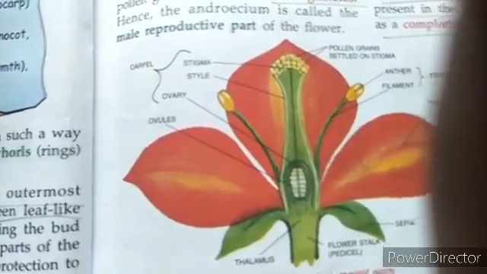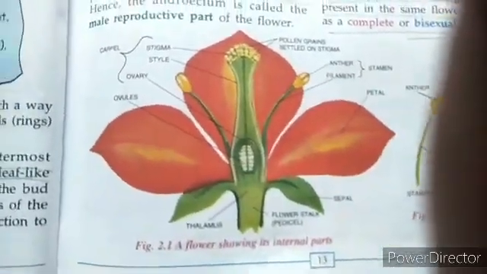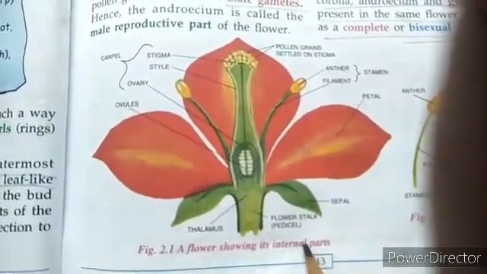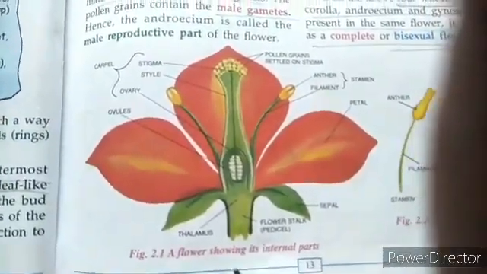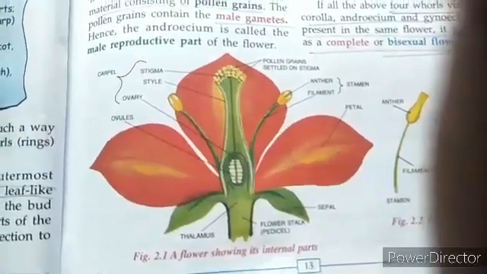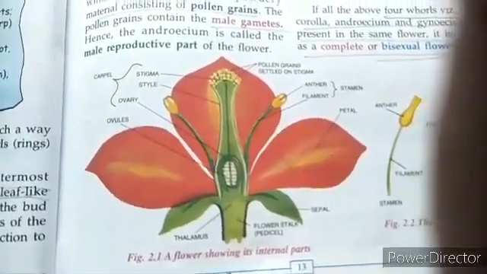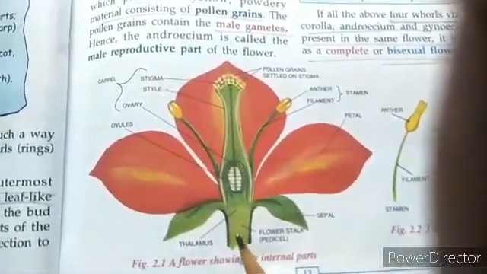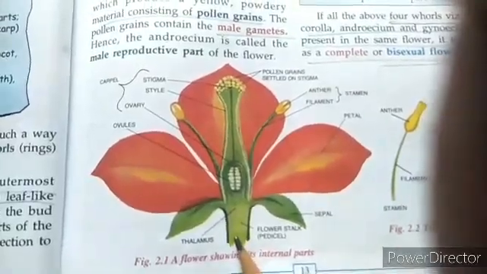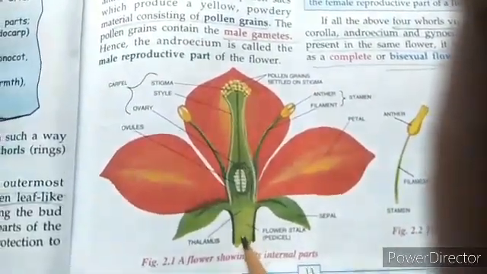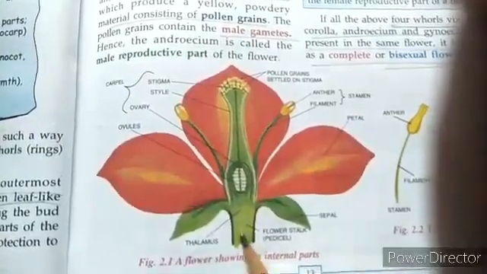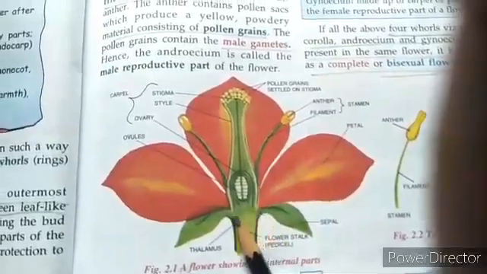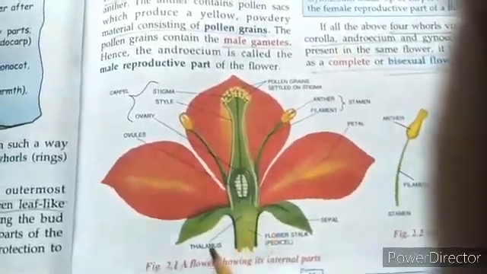And with this I believe the structure is very much clear here, as we see the flower showing its internal parts. So if you have a good look at this diagram, it gives you a very good idea of the structure of a flower, which has a stalk-like pedicel that attaches the flower to the plant or to the branch. At the base there is a disc-like structure that is the base of the flower known as the thalamus.